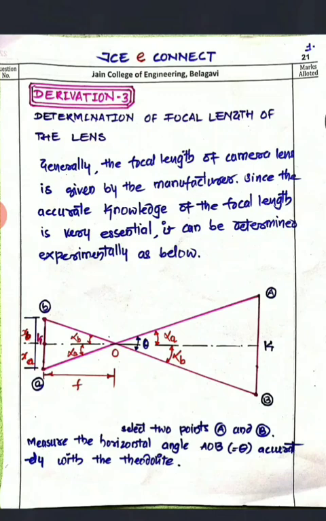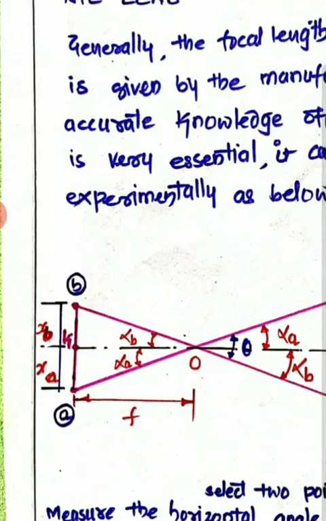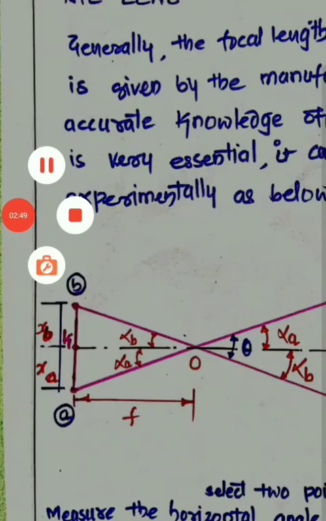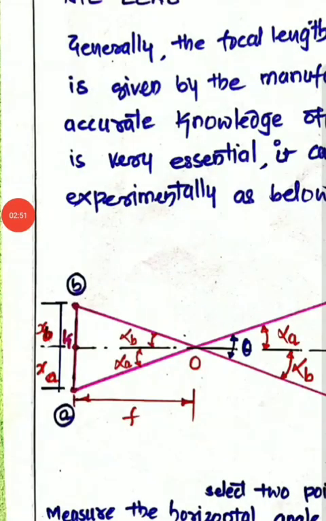Now you will have the principal point here, and on the negative also you will have a principal point, small k. The distance between small k and O we call the focal length. You will have small a, small b and k.